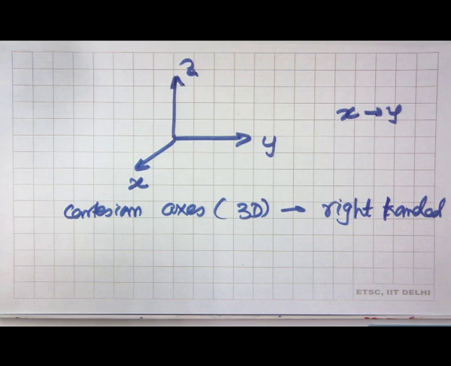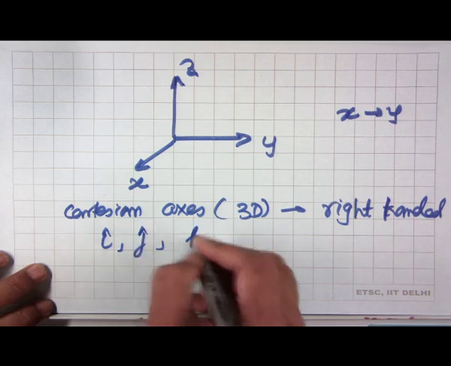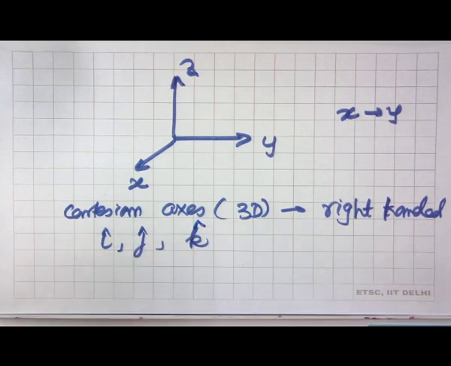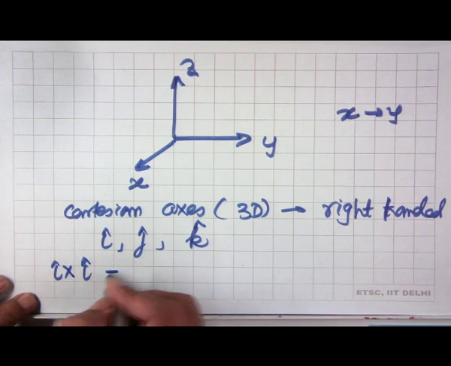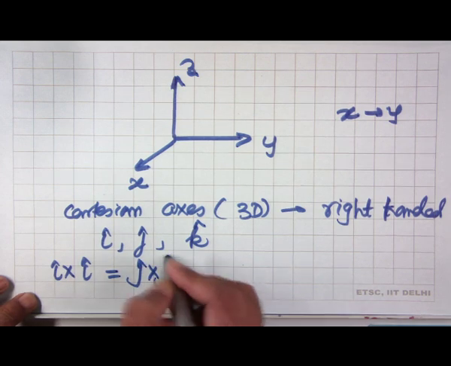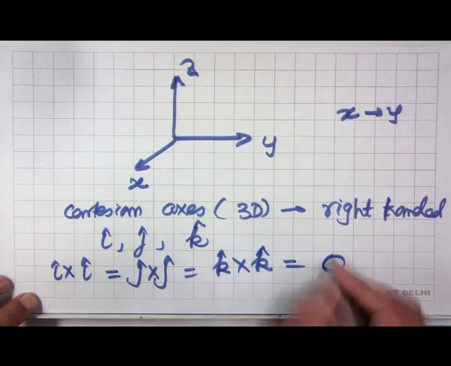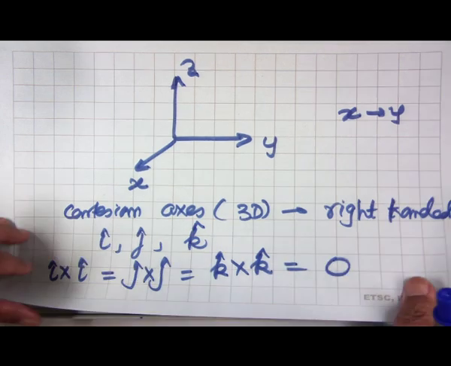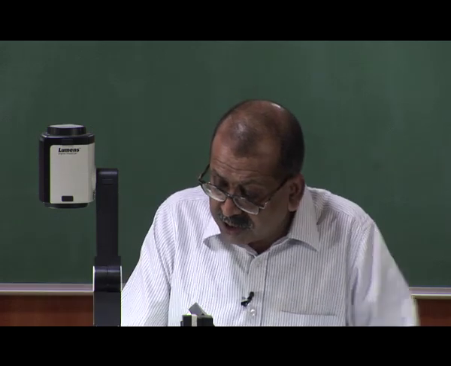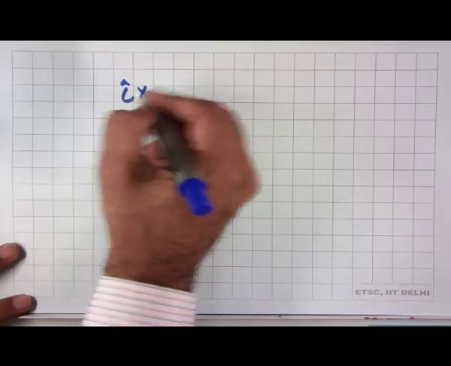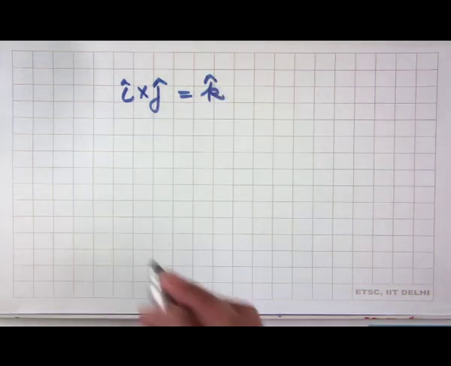And a consequence of this, as you will see, if we now write the unit vectors i, j, k, then clearly i cross i, j cross j and k cross k will all be 0. But if we look at the products between different directions, i cross j will be equal to k.